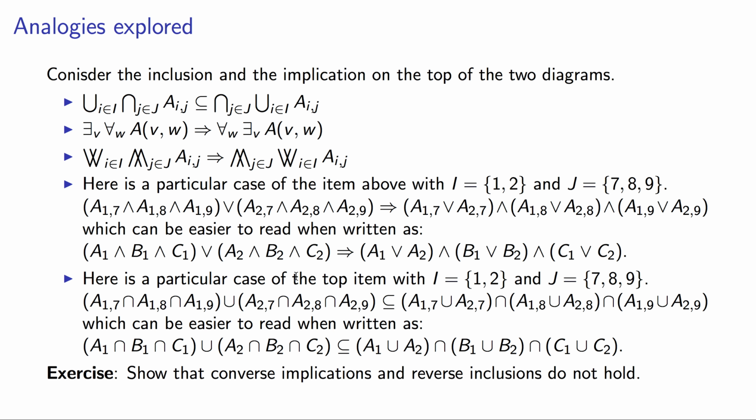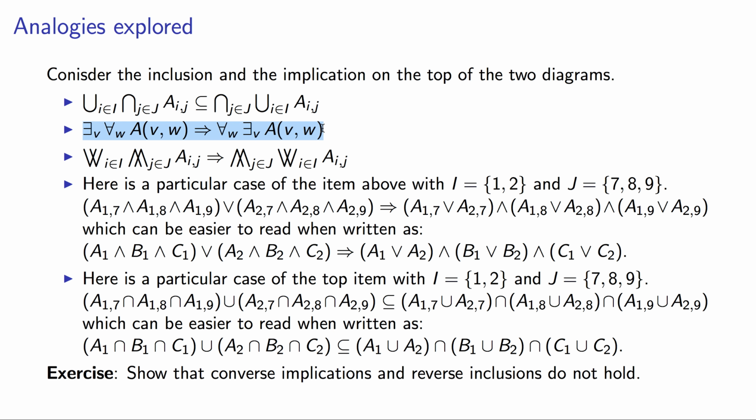Now we will consider the inclusion and the implication on the top of the two diagrams on the previous slide. And here they are. This was the inclusion on the top of the diagram in the upper part of the slide.